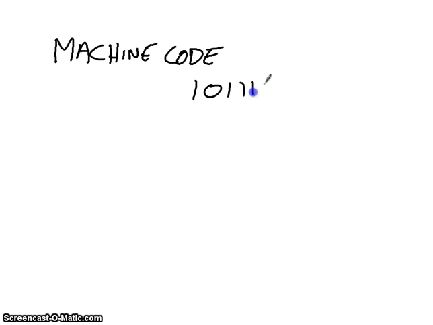1 0 1 1 1 1 0 1 1 1. And it can only process that. This means that all other languages have to be translated into machine code.